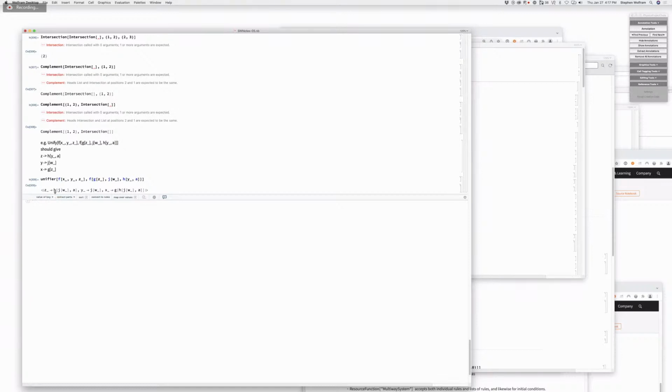Seems right. So wait a minute, but this is giving a different answer. Yeah, it's already substituting the y into the z result there. So it should just leave that. It's not minimal, but it's close enough, I think.